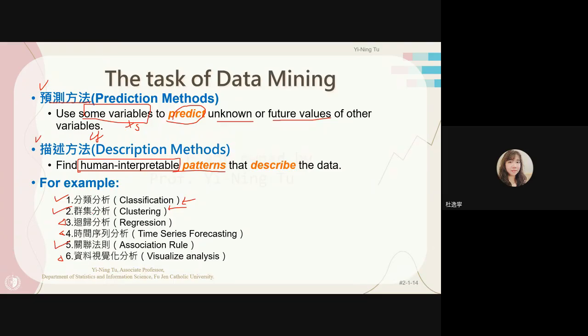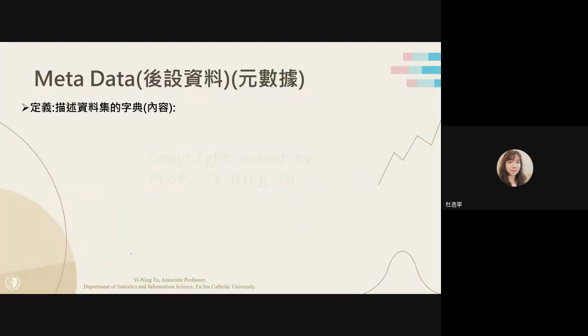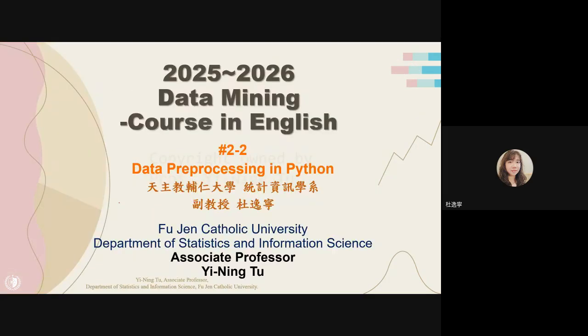So the three more important parts, classification, clustering, and association rule, we will cover in this course. So we started from here. Now we want to process the data. So I will stop here because this is a paragraph.